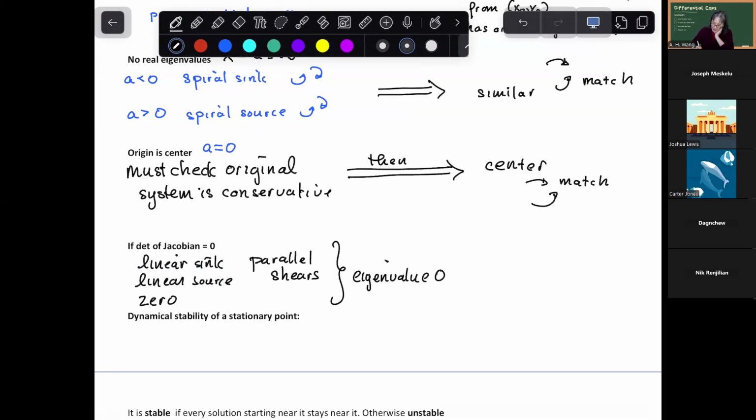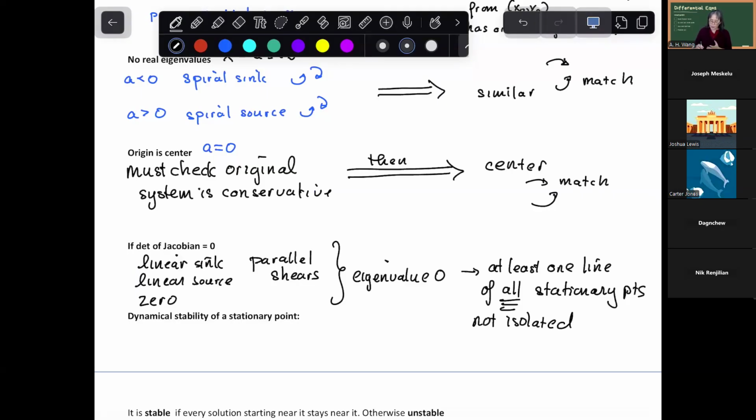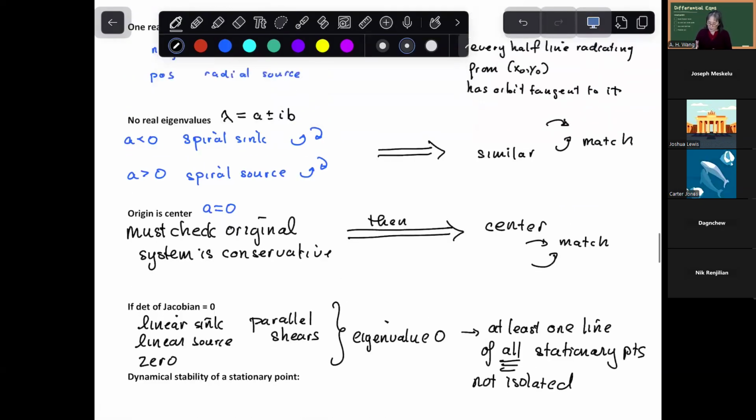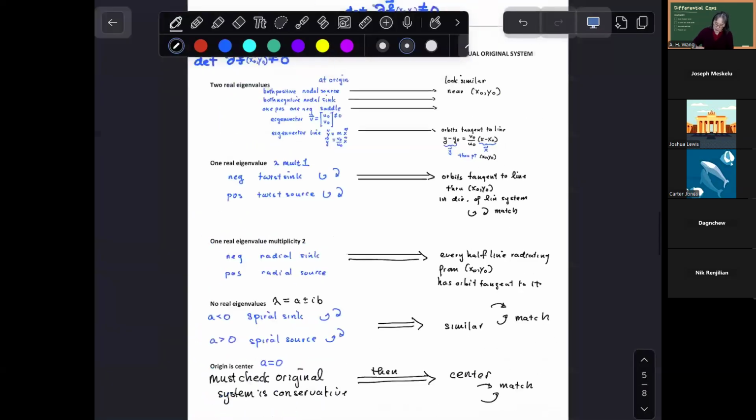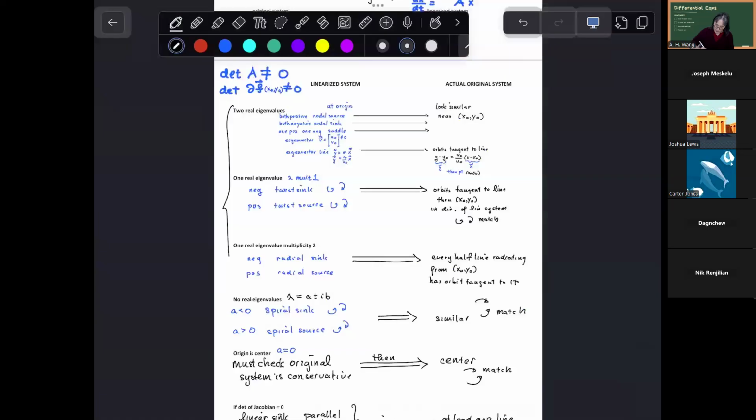And what ends up happening is at least one line of stationary points, so they're not isolated. So you won't be able to figure out what it looks like over here. So you only have 15 of these. So there are 15, and these are the ones that you can do.